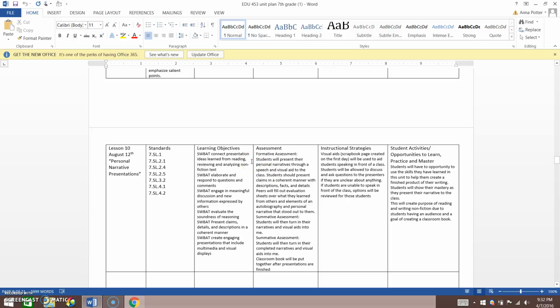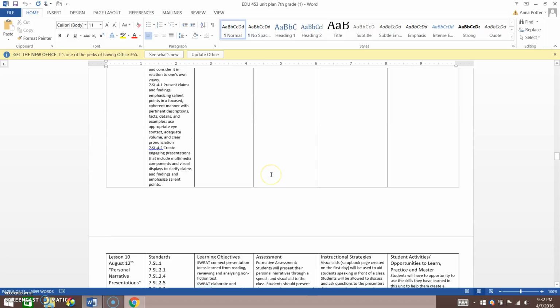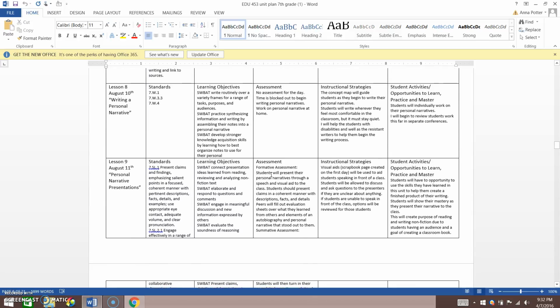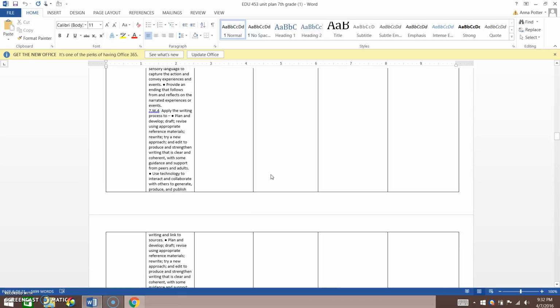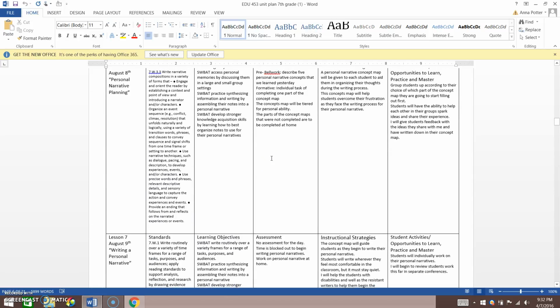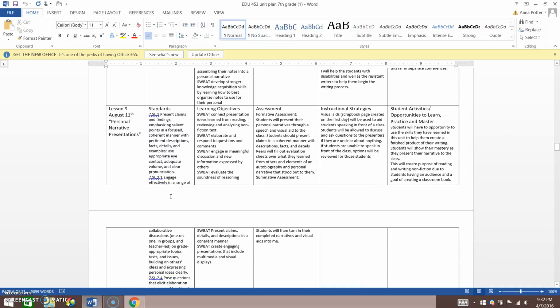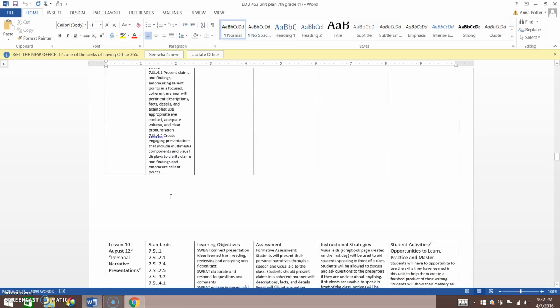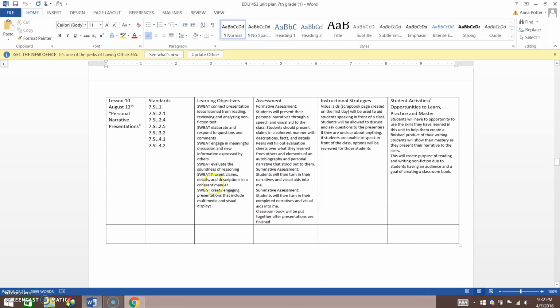That will be their visual aid, and they will end up writing a paper all throughout up here. There's 3 days of lessons where they are creating their paper, basically telling their story about the scrapbook page that they created.